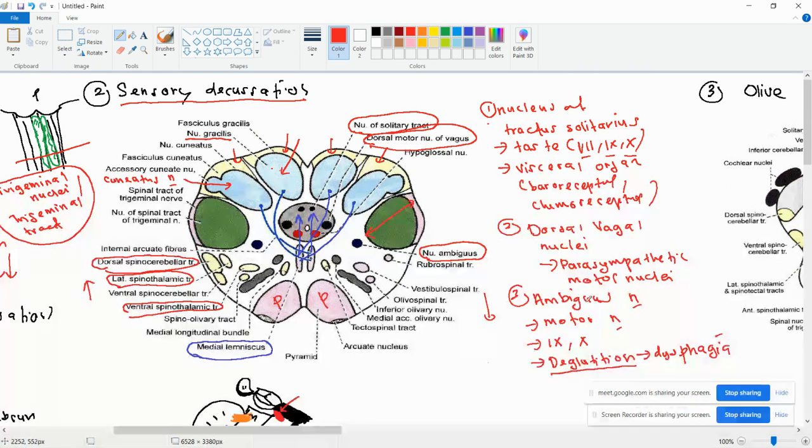And the last one we have is the ambiguous nuclei, just lateral to your tuberculum cinereum. This is a motor nucleus where it stimulates cranial nerves number 9 and 10, and this is for deglutition activity.